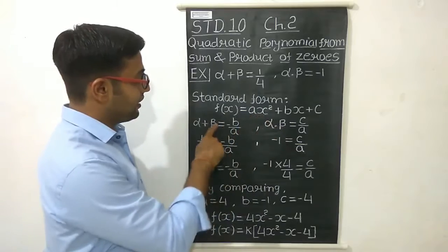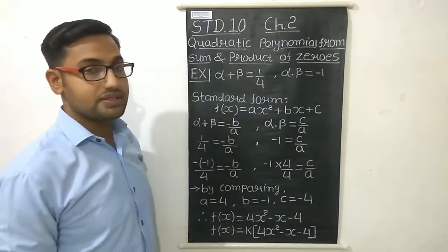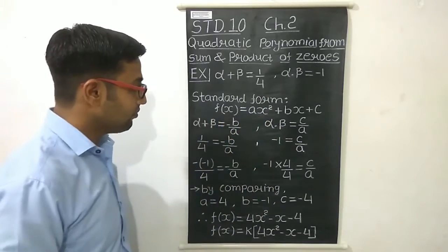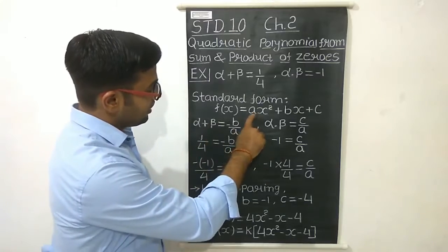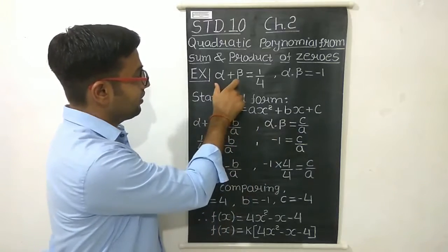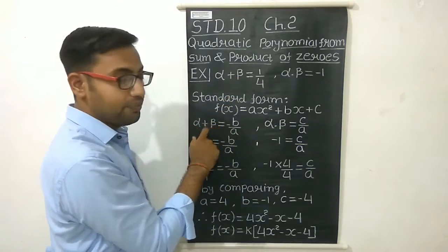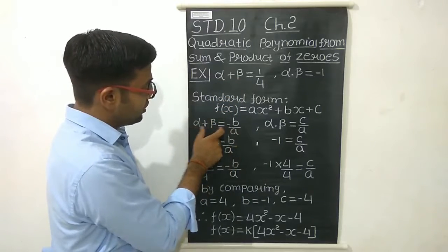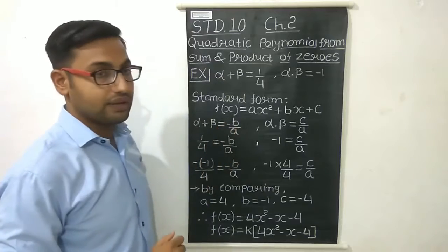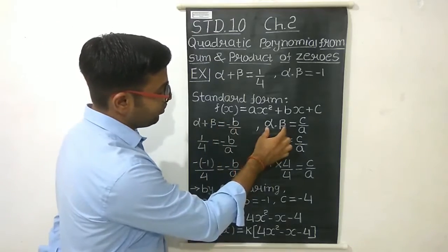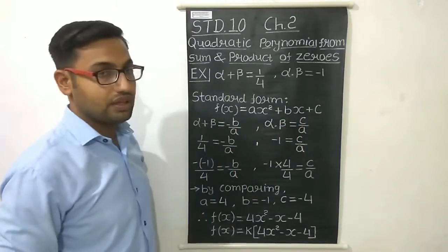We can define it as f of x or p of x, right? So standard form is this. Now we know the addition of the zeros that we have defined in previous class. The addition of the zeros is equals to minus b upon a, and the product of the zeros is equals to c upon a, right?